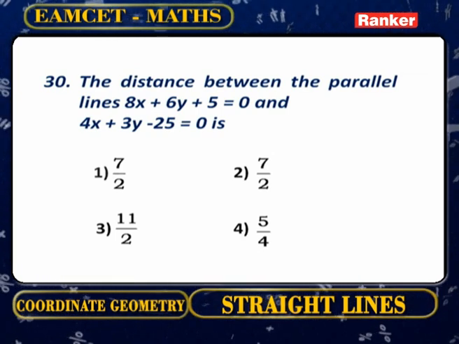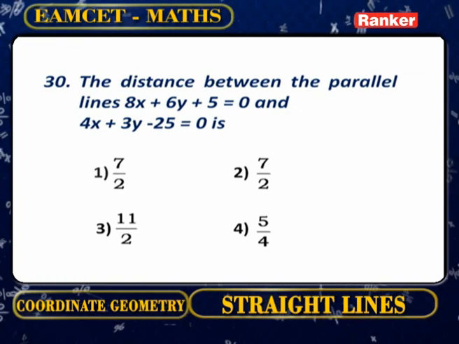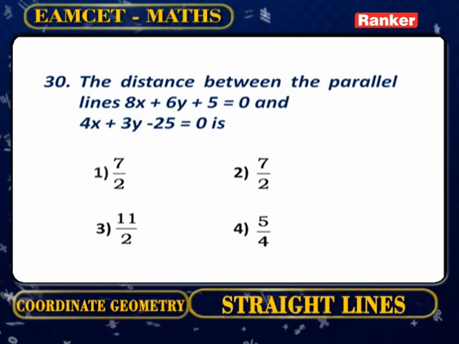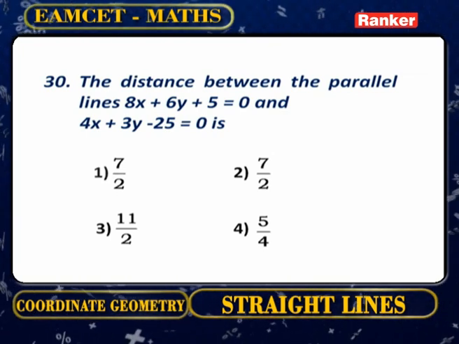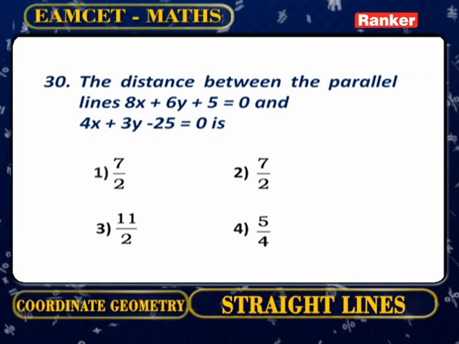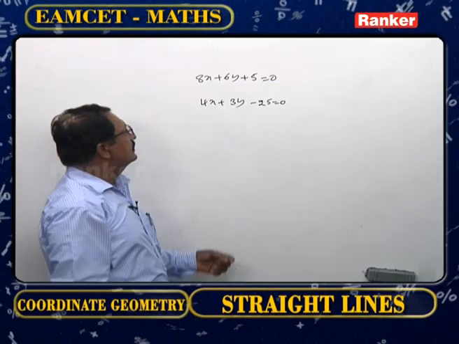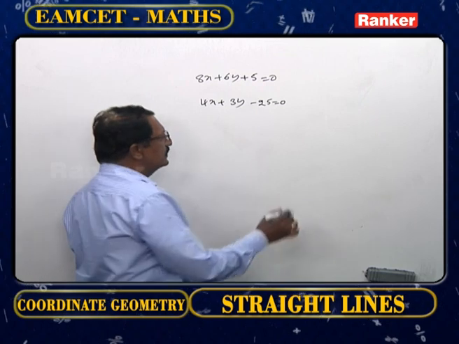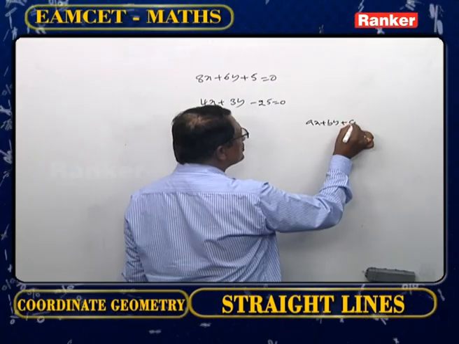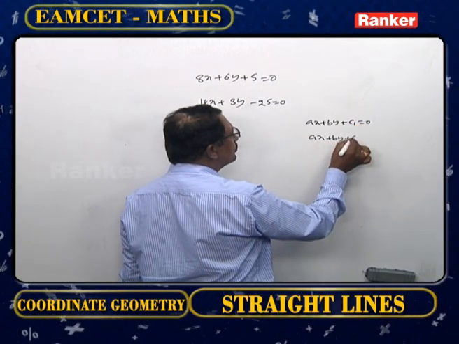The distance between the parallel lines 8x + 6y + 5 = 0 and 4x + 3y - 25 = 0. Suppose the lines are ax + by + c1 = 0 and ax + by + c2 = 0.